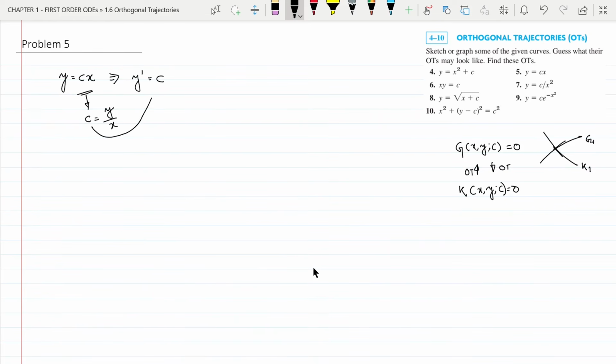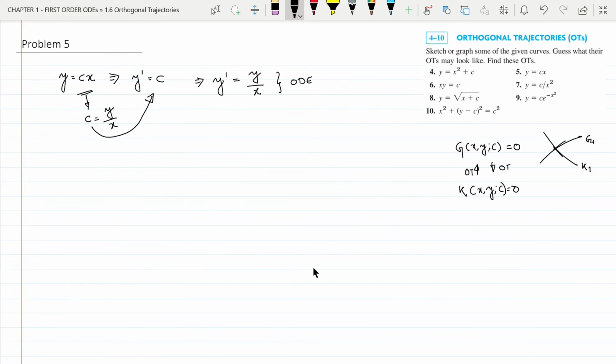So this value of c we can plug in here and we can write this again as y dash equal to y by x. And now this is an acceptable ODE. Remember, just taking the derivative and finding y dash is not enough. You have to eliminate the constant c. So now we have eliminated c from here.